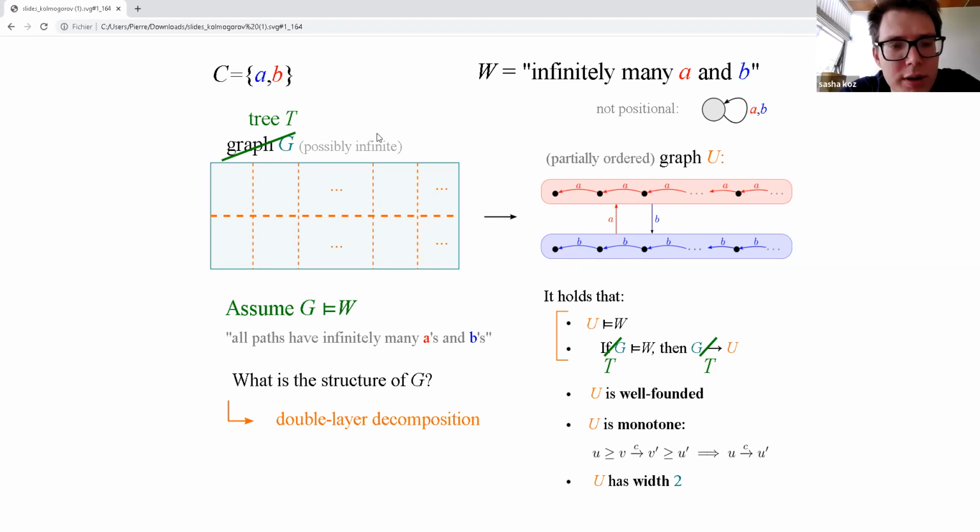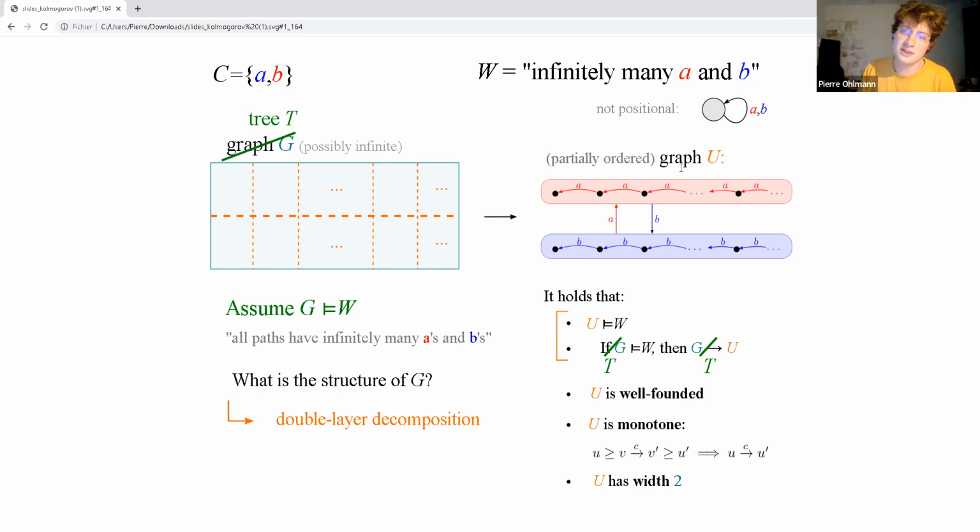For positionality it does not make a difference, because if you take a graph, you can unfold it to a tree, embed the tree, and this also gives you an embedding of the graph, because of well-foundedness. You can fold it again. This is what the proof does. Here it does make a difference, and the good notion is embedding trees.